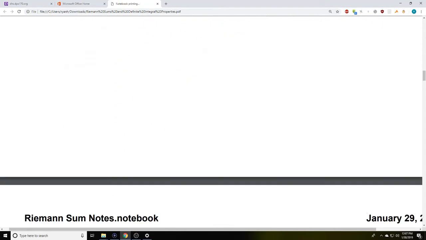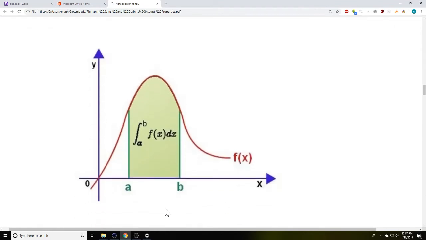But that's what we're doing, and this is called an integral. This is called a definite integral. And definite because it has these bounds, and it's going to give an actual number as our answer, versus an indefinite integral where we're going to have a more general answer. But this is a definite integral.